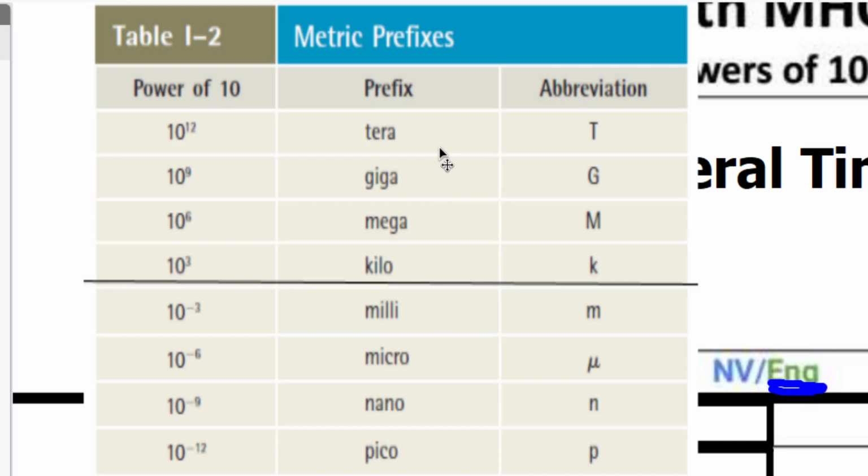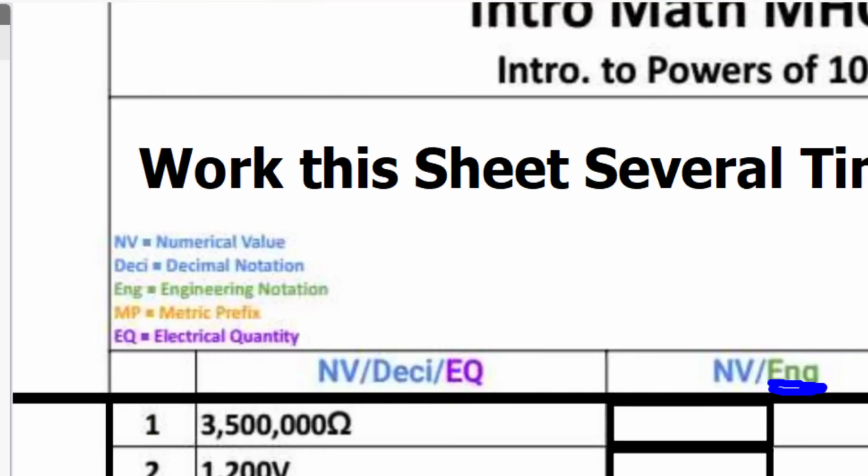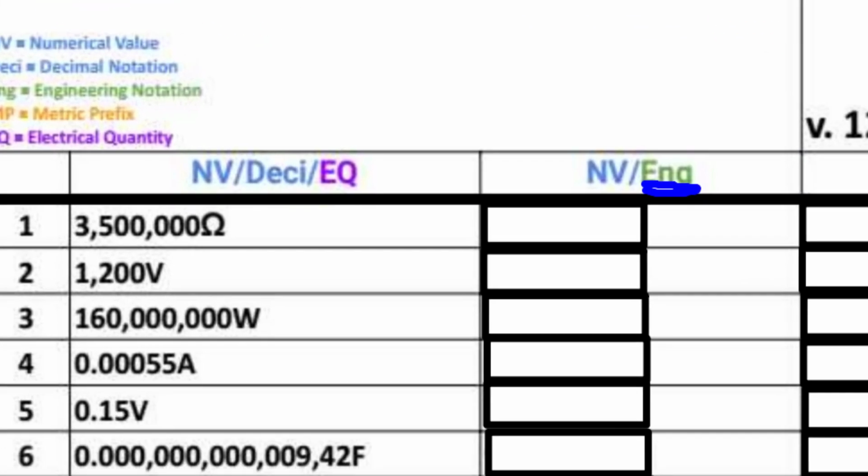Kilo, mega, giga, tera, 10 to the 3rd, 10 to the 6th, 10 to the 9th, 10 to the 12th. Then micro, nano, and pico, 10 to the negative 3rd, 10 to the negative 6th, 10 to the negative 9, 10 to the negative 12. And of course, we'll just be inserting the abbreviation letter once we've done that conversion. That'll become a lot clearer to you as we go forward here, and I give you several examples.